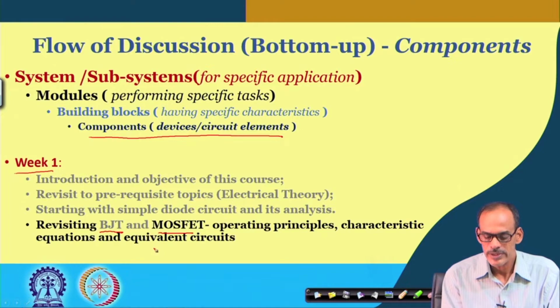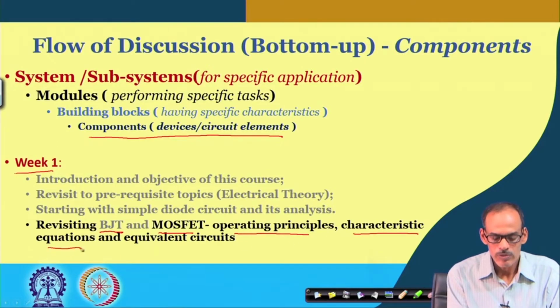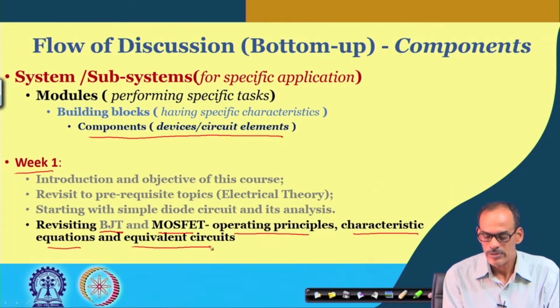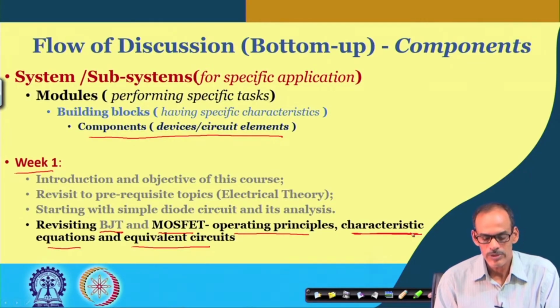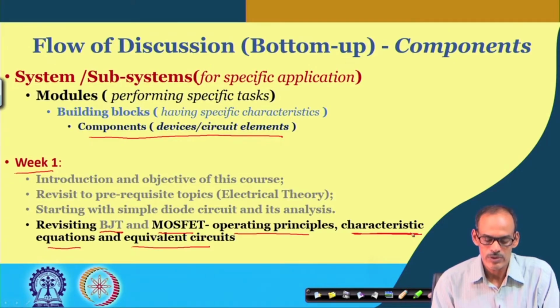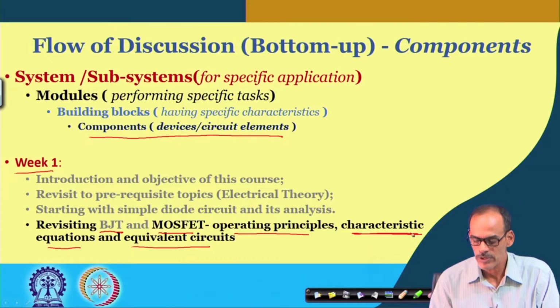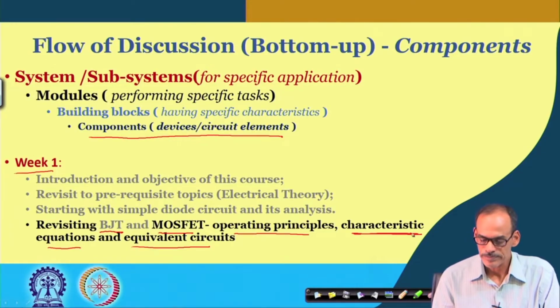The plan is that we will go into the basic structure, then the operating principle, and the characteristic equation; the equivalent circuit we will see later on. Today we will be covering the N channel MOSFET, also called the N type MOSFET, and in the next part we will be covering the P MOSFET.